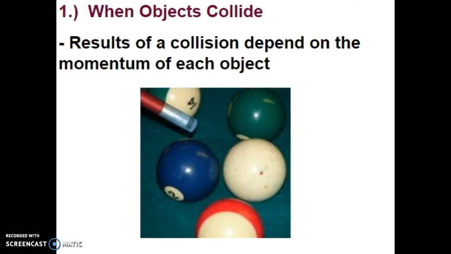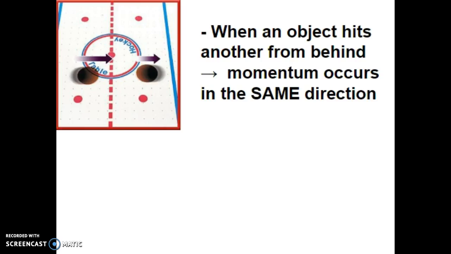The results of collisions between two objects are going to depend on the momentum of each object. So collisions will depend on both the mass of that object and the velocity at which it was traveling. When an object hits another from behind, momentum occurs in the same direction.